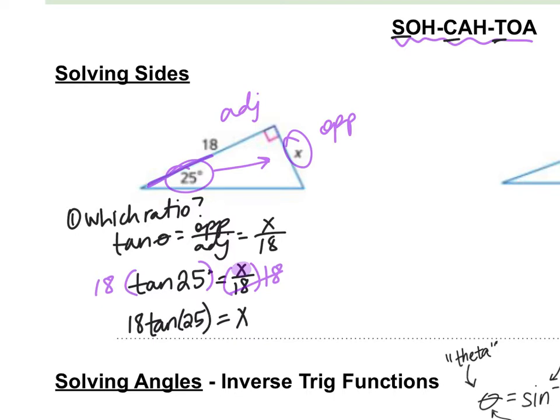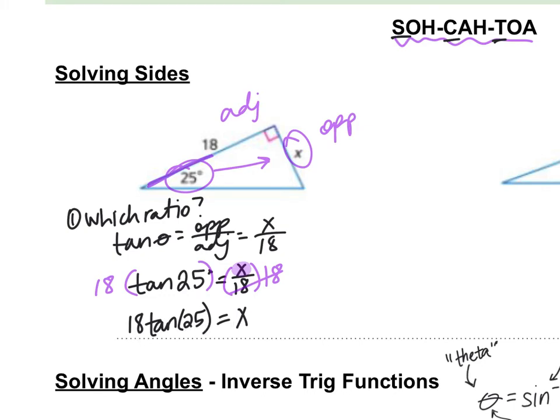Now, when you go to a calculator, you are going to type this in exactly as it's written. As long as your variable is isolated, this should be lined up the way you need it. So in your calculator, type in 18, press the tan button, and then enter 25 in the parentheses.